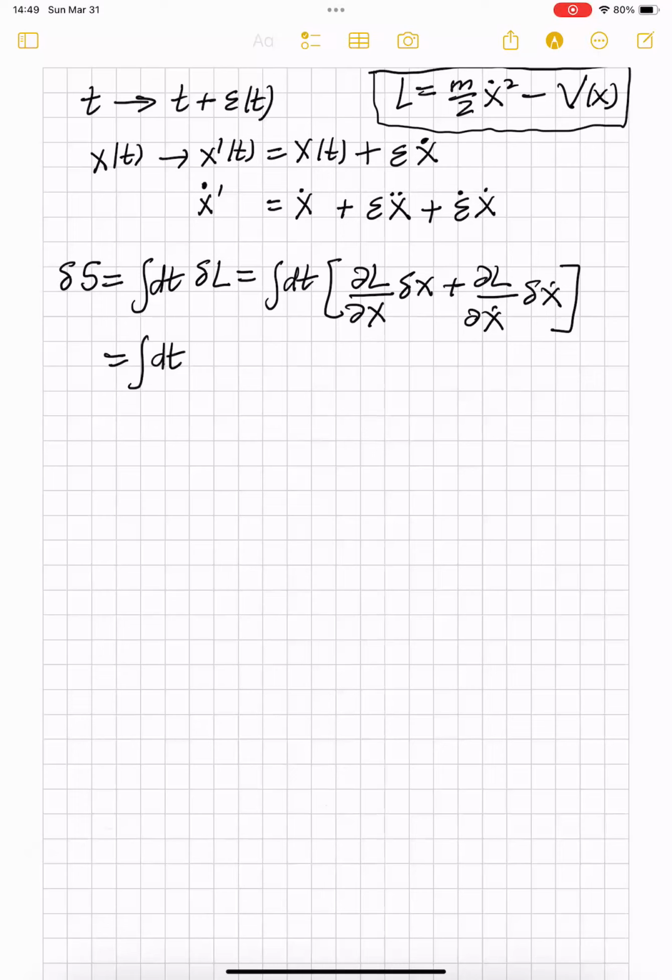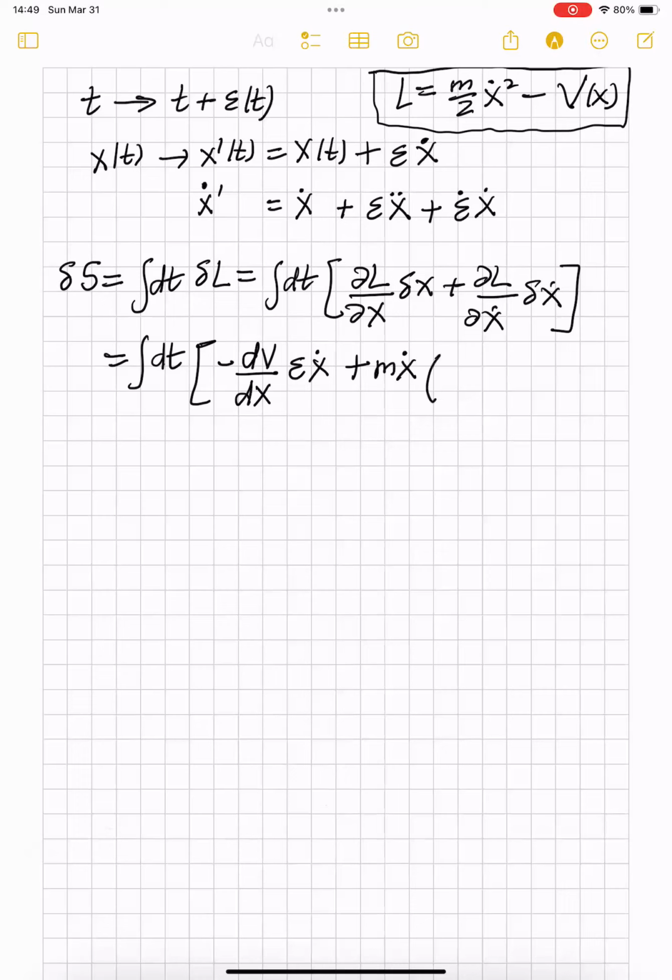So this will be an integral dt. Now dL/dx is just going to be minus dV/dx, times delta x, which is epsilon x dot. And then plus we've got dL/dx dot, which is nothing but m x dot, and then delta x dot.